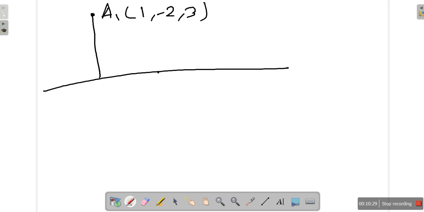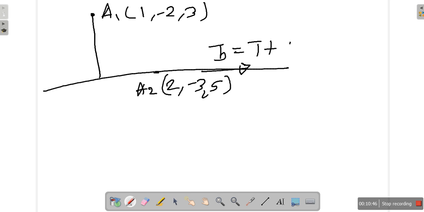This is a line. There is another point A2 on this line, which we know as 2, minus 3, 5. And we already computed the vector along the line, B bar, as i plus j plus k.